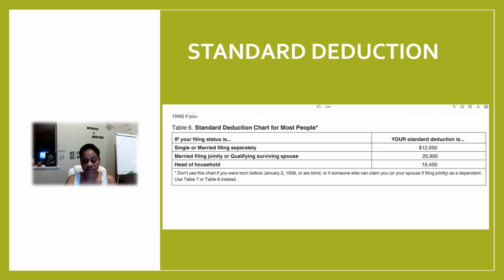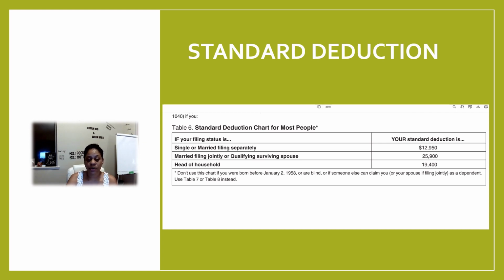And if you're considered head of household, your standard deduction is $19,400. You're considered head of household if you have a dependent that lives with you more than 6 months out of the year, and if you provide more than 50% of the support to take care of the house.